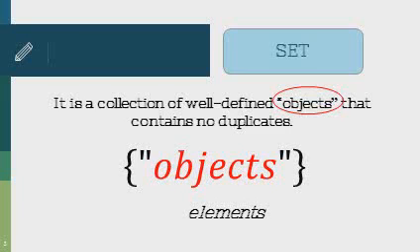Yung objects inside set is tinatawag natin na elements. For example, we have orange, apple, grapes as yung objects natin sa ating set. Therefore, ang elements natin is tatlo. Yun yung orange, apple, at saka grapes.